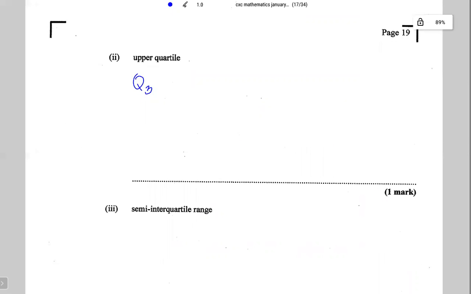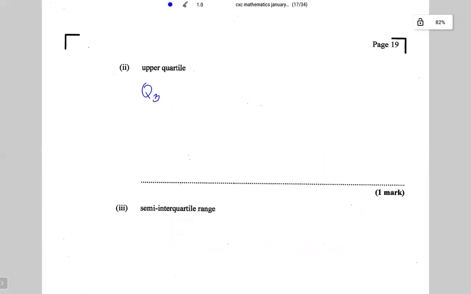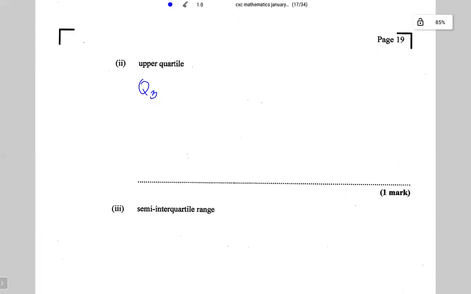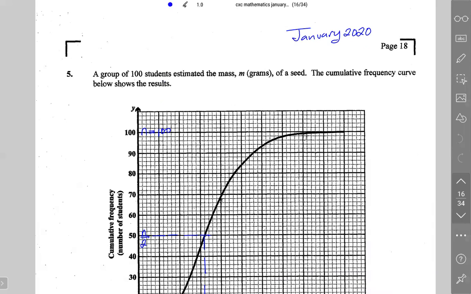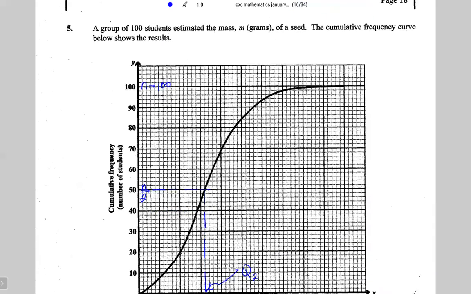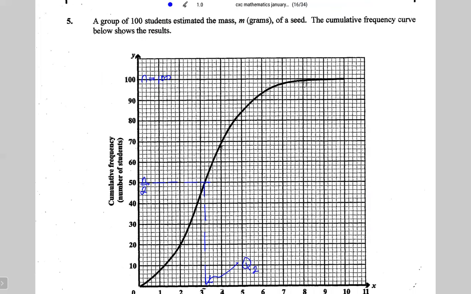To find Q3, you're going to find n multiplied by 3/4. So n is 100, you multiply that by 3/4, that is 75.